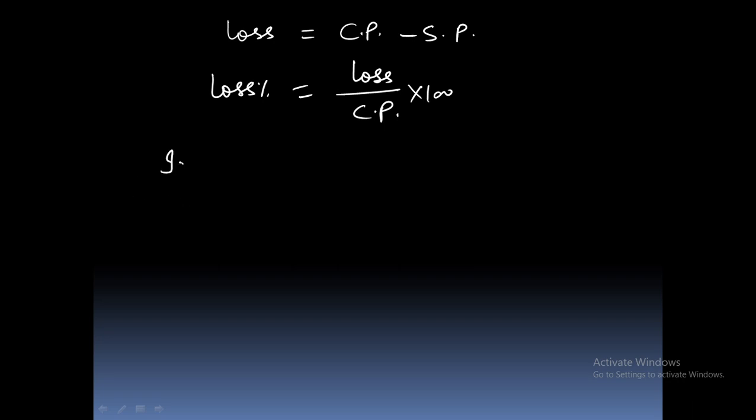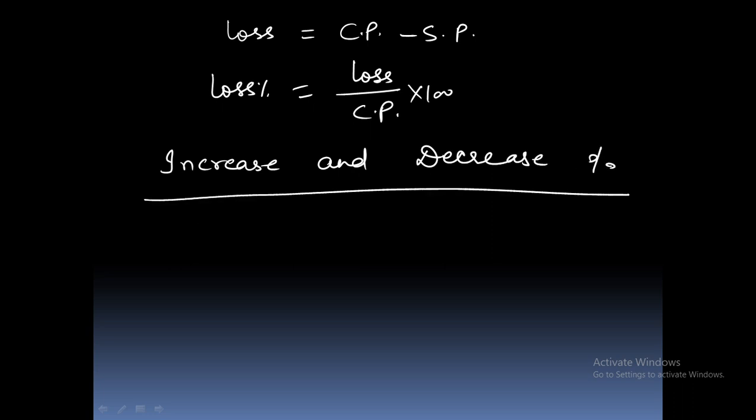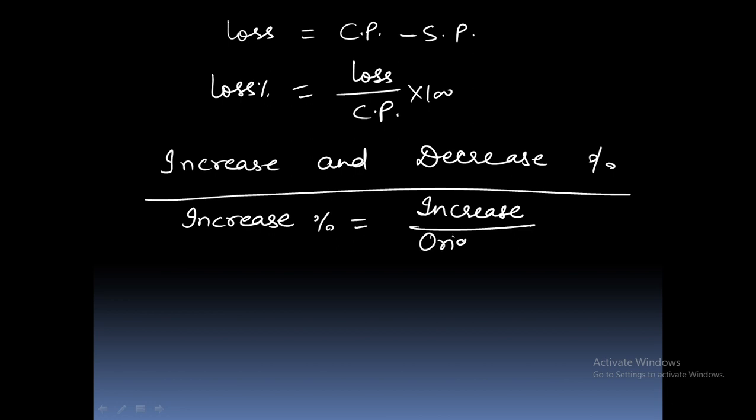Now the next point is increase and decrease percent. Increase percent will be calculated by this formula: increase value, which is given in the question, over the original value that will be given in your question, and multiply by 100, you will get the increase percentage.